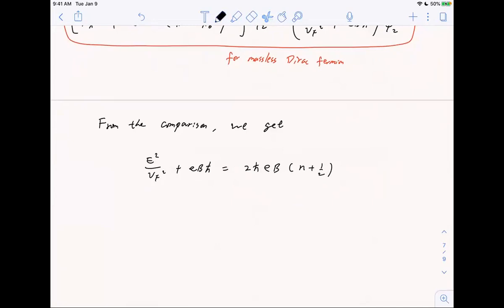So what is E? Then E equals 2 h bar e b times n plus 1/2 minus e b h bar, and v_F squared.